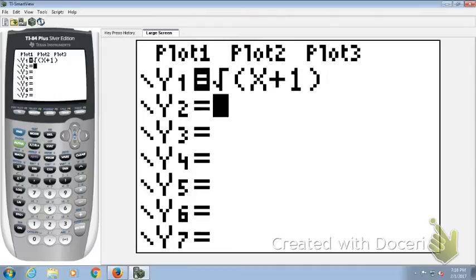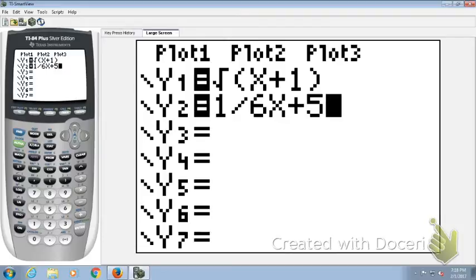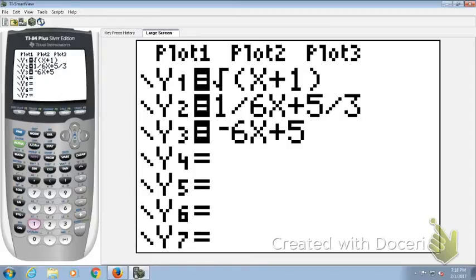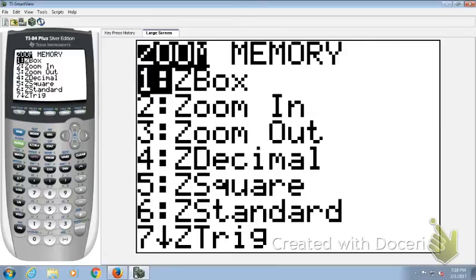Then for my second one, I'm going to plug in y equals 1/6x plus 5/3, right? And for the third one, y equals -6x plus 51. Now, before I graph it, I'm going to go to zoom and do zoom square, just so that we see it a little bit more clearly.